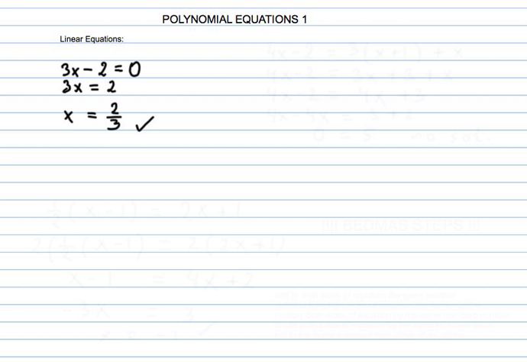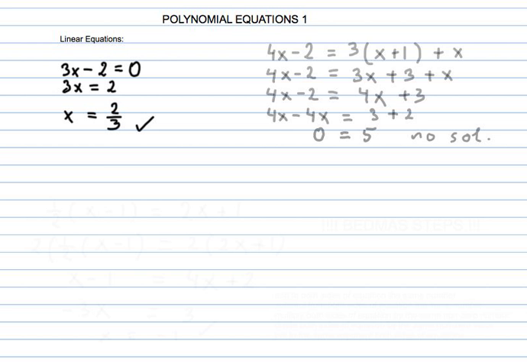Okay, now on the next slide of the screen, we have a little bit more complex linear equation, and we will solve it also by first distributing. 3x plus 3 comes from the fact that you multiply 3 times x and 3 times 1.